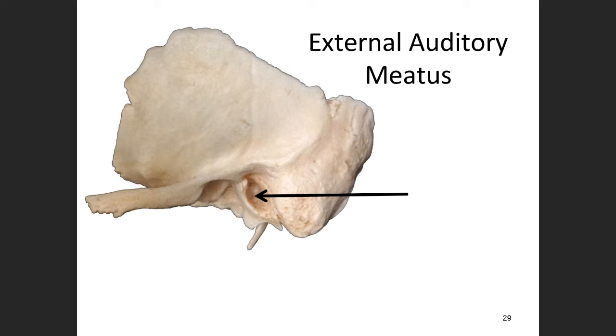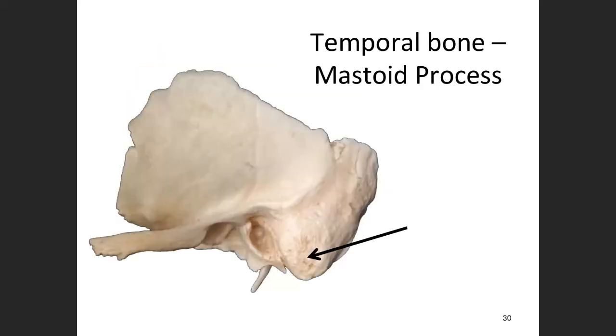Now, just behind the external auditory meatus is this bump, and you can feel it if you go to your ear and feel the bone right behind your ear. You kind of just follow it around there. That's called the mastoid process. It's a site for muscular attachment, but inside the mastoid process, you have what we call air cells.